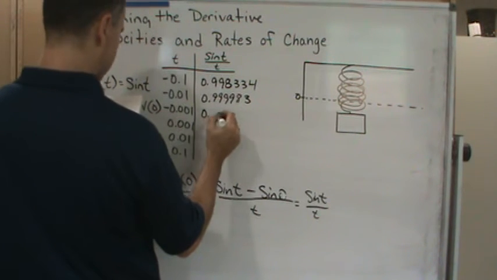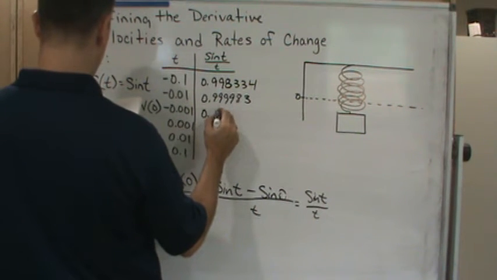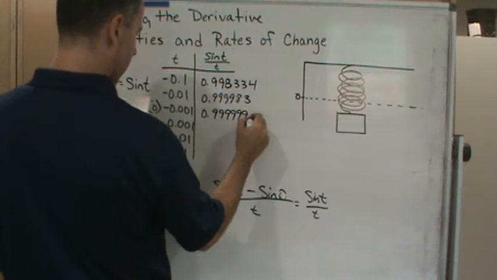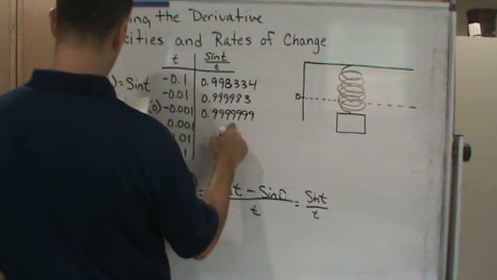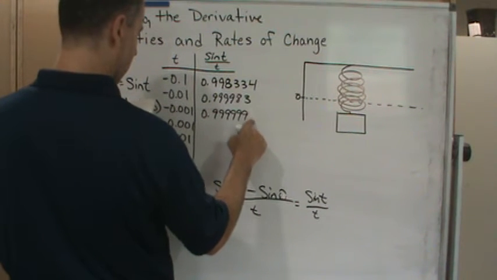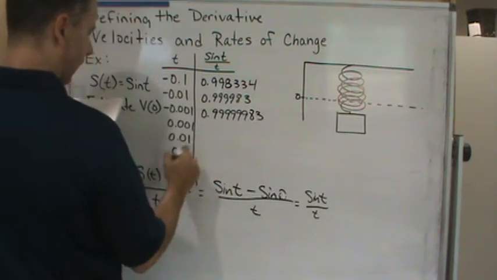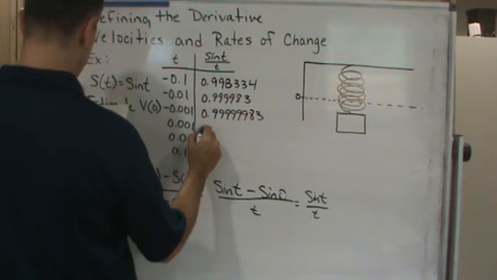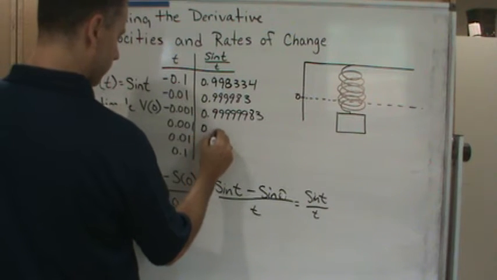And then we get 0. Okay. And now from the other side, we get the same values.